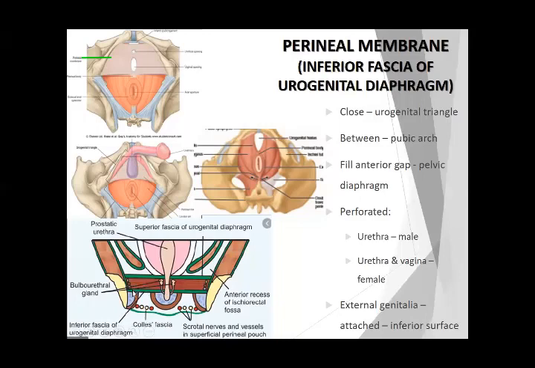Inferior fascia. This is the urogenital diaphragm. This is the perineal membrane. It is pierced by the urethra, and of course the vagina in the female, the nerves and blood vessels, and the ducts of the bulbourethral gland. We have already discussed the bulbourethral gland last time.